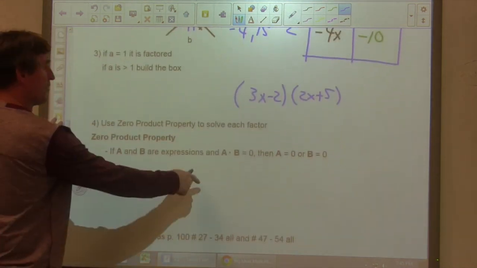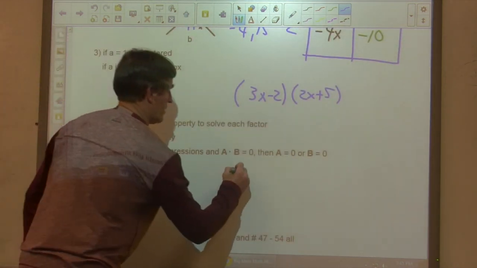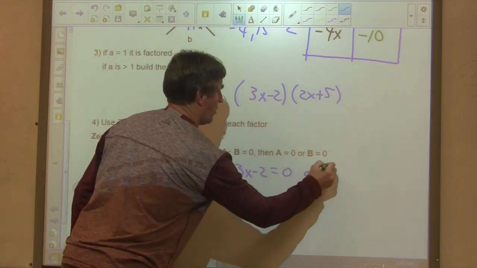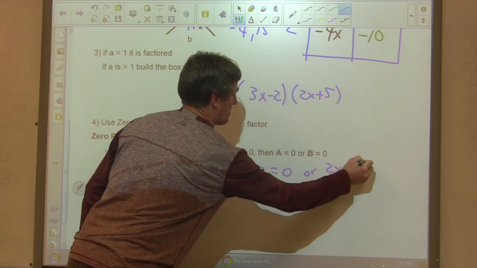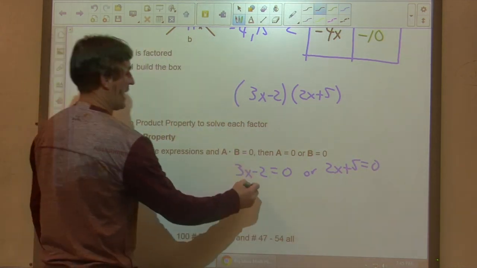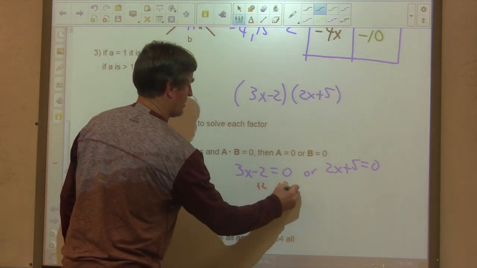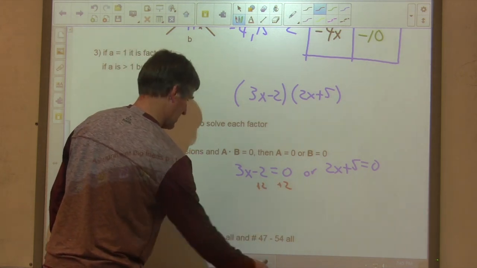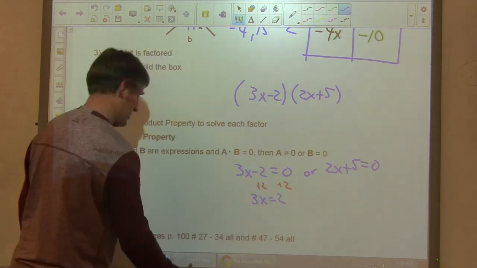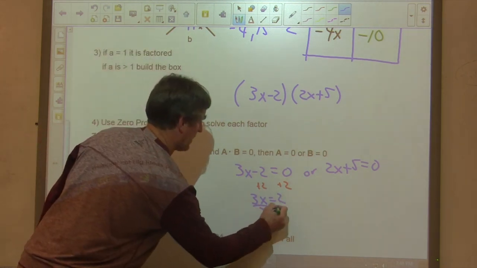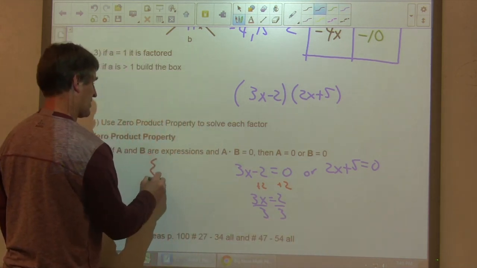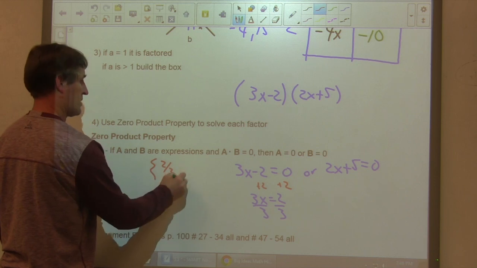So now I use the zero product property. So 3x minus 2 equals 0, or 2x plus 5 equals 0. We use our algebra, we add 2, and then we get 3x equals 2, and then we divide by 3, and so x equals, one answer is going to be 2/3.